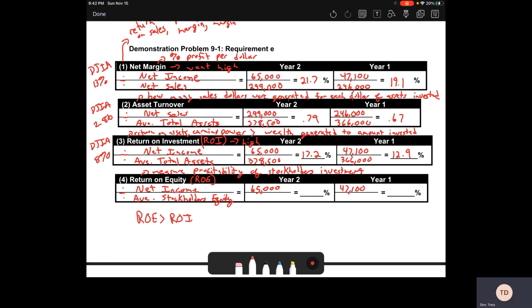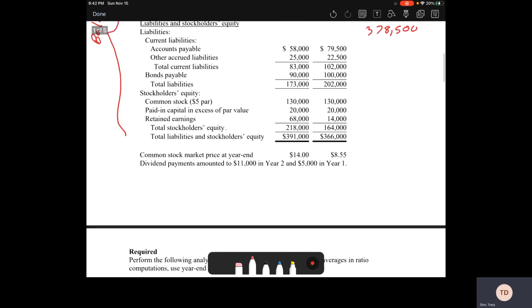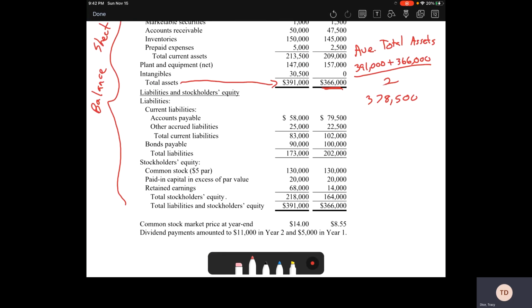So now we need to go find our average stockholders' equity, and we're going to find it the same way we found our average total assets. We're going to take our stockholders' equity in year 2, add it to year 1, and then divide by 2.